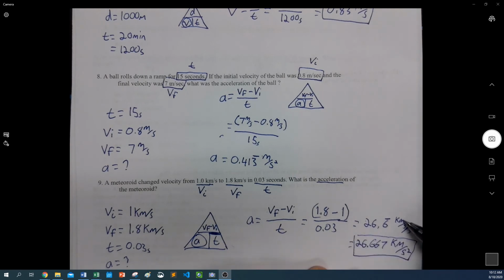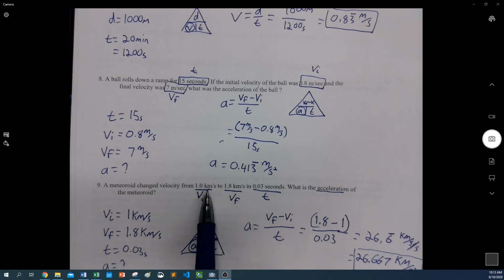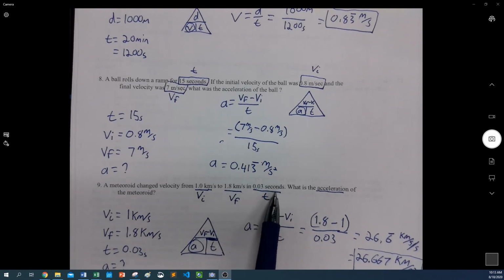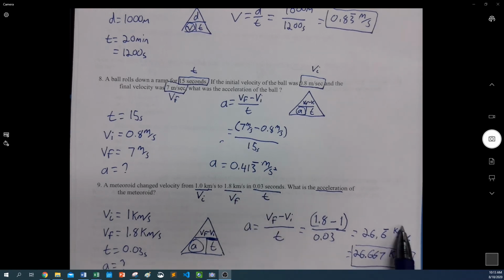I will accept units in either of these forms, but the second squared is preferred. You can just look at the velocity, it's kilometers per second, and then we do a per time unit to get the correct units.